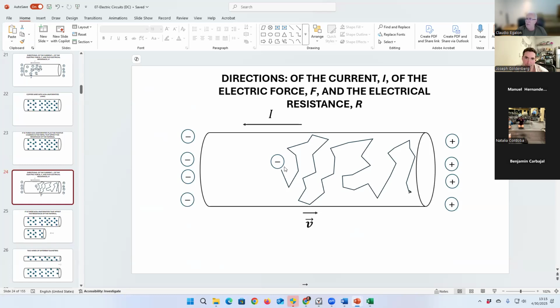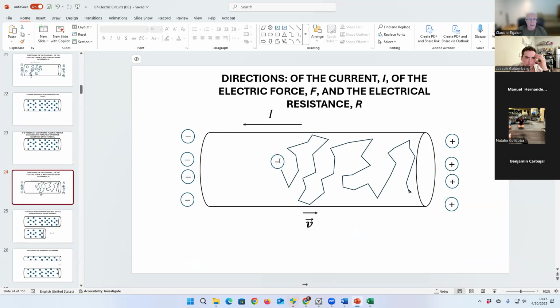It's just conversion of one type of energy to another. It's this electron that's producing a current.